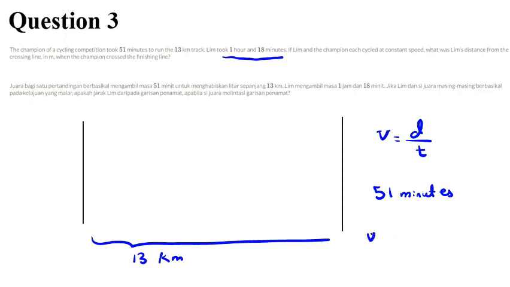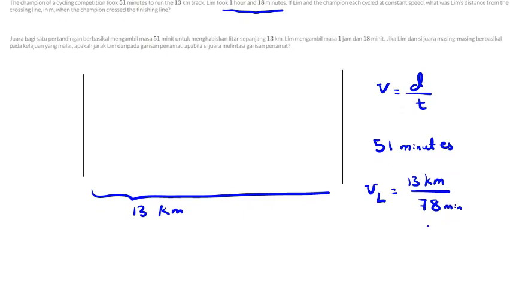The speed of Lim, V of L, is distance 13 kilometers over the time. Let me find kilometers per minute. It will be 1 hour and 18 minutes, which is 78 minutes. Now I want to find the distance that Lim has passed.